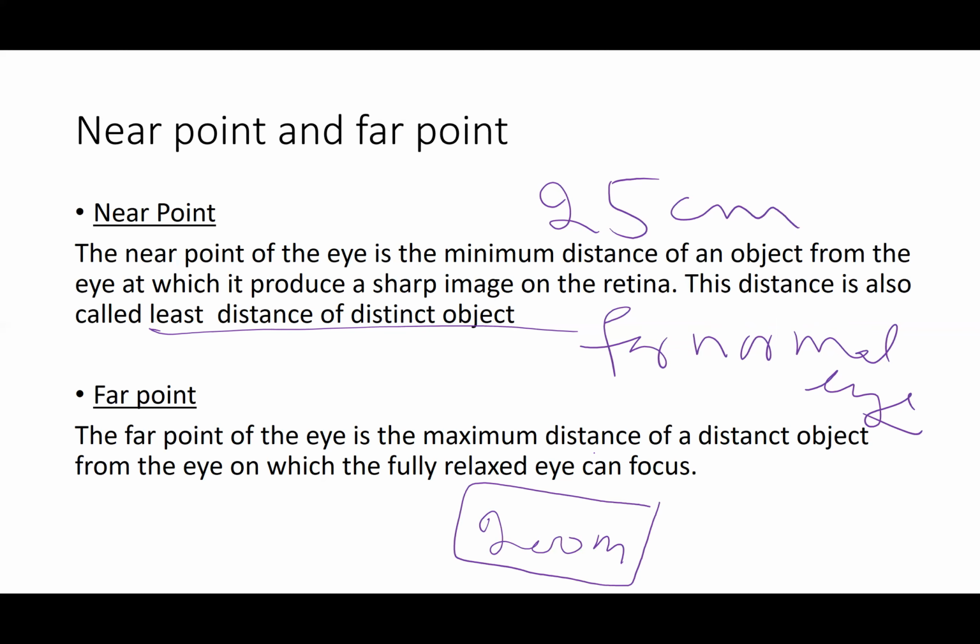Near point and far point change with change in age. So near point is the minimum distance at which a sharp image can be produced, and far point is the maximum distance of a distant object on which the fully relaxed eye can focus.